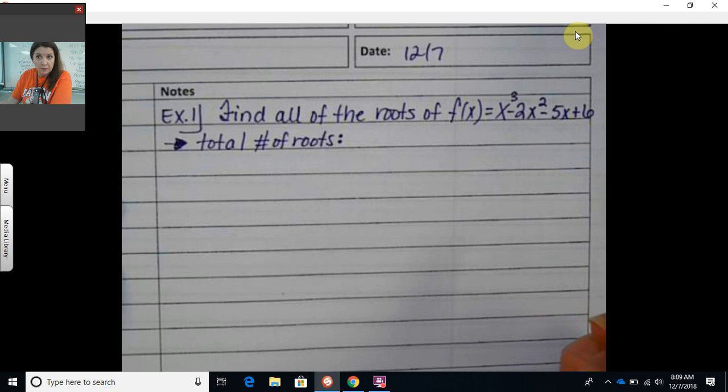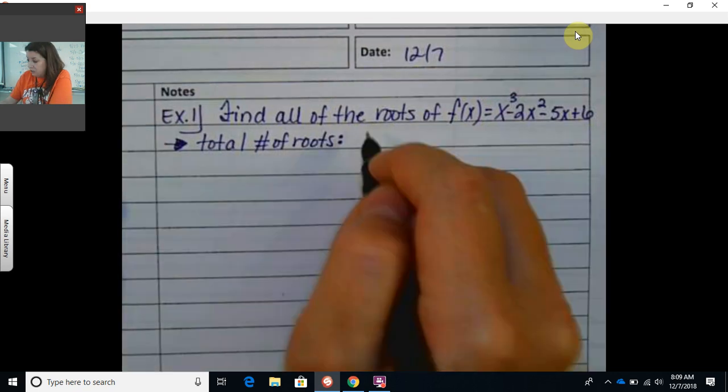Fundamental theorem helps us with this. No. 3. My highest degree is a 3. That tells me how many roots I have.